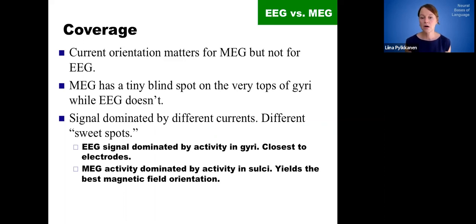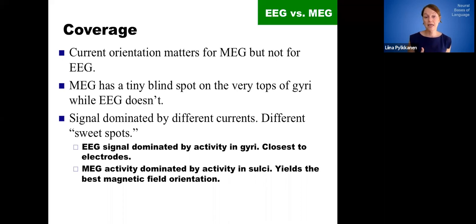Another consequence of the orientation sensitivity is that the signals are dominated by different currents in the two techniques, EEG versus MEG. So that means that the two techniques have different sweet spots. EEG signal is dominated by activity in gyri, because it's perfectly happy to capture those radial currents, and those are the currents that are most likely closest to the electrodes that are on the scalp.